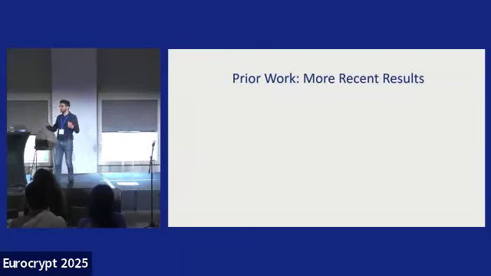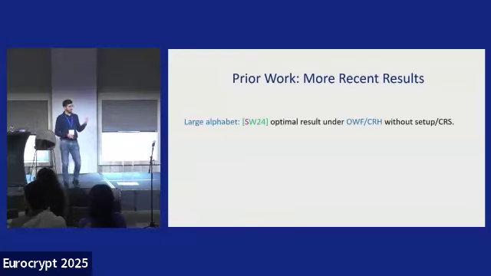But lately, there's been a push to actually try to construct these codes without a secret setup. In a recent result I had with Daniel last year, we were able to actually get optimal codes that achieved the best possible rate you can hope for under very minimal assumptions, one-way functions and collision resistant hashing, even without a setup or any such assumption.